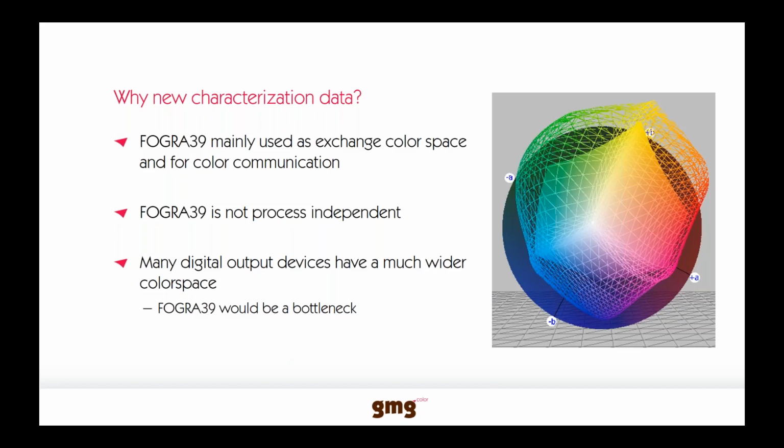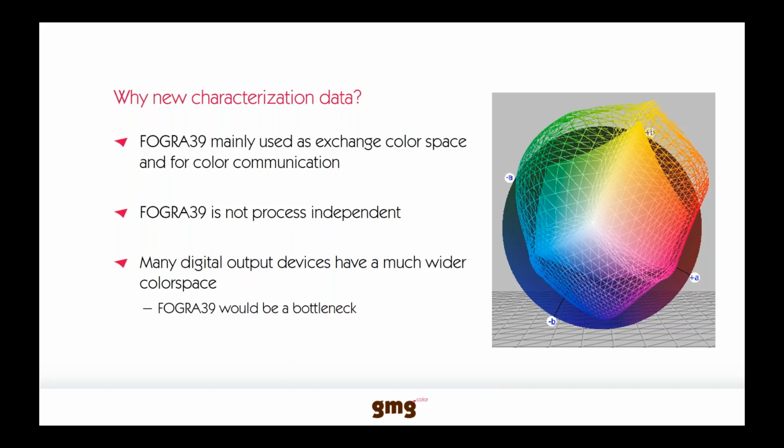But the problem is FOGRA39 is not a process-independent color space. FOGRA39 describes offset printing according to ISO 12647-2. So when facing digital machines as output conditions, FOGRA39 is too small, since digital machines often have a much wider color space, especially when they have additional inks, when they print with more inks than just CMYK.